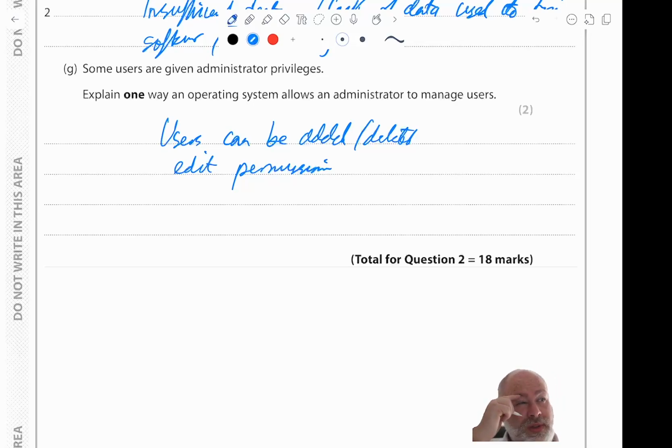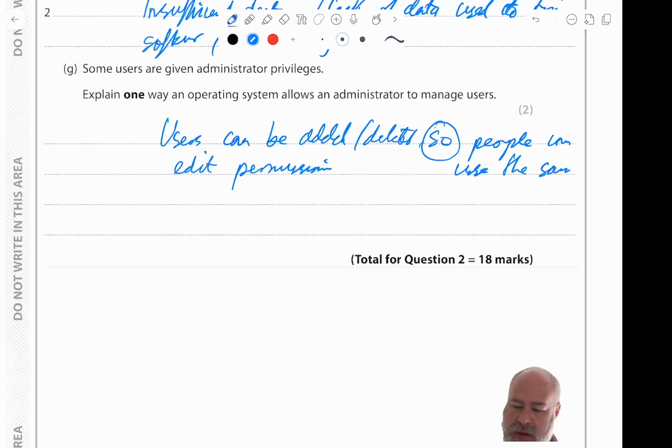So you do want to link these together. So you could say users could be added or deleted, so that people can use the same computer. All right. So that would be a mark. When you've got these command words, explain, you want to link this explanation together.